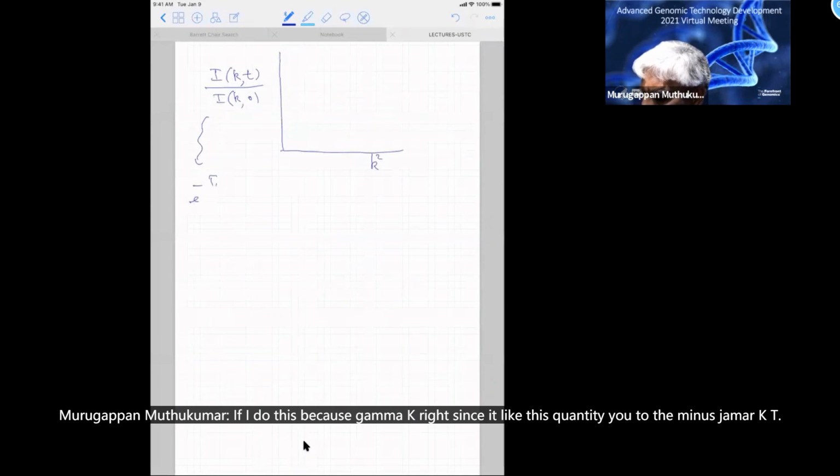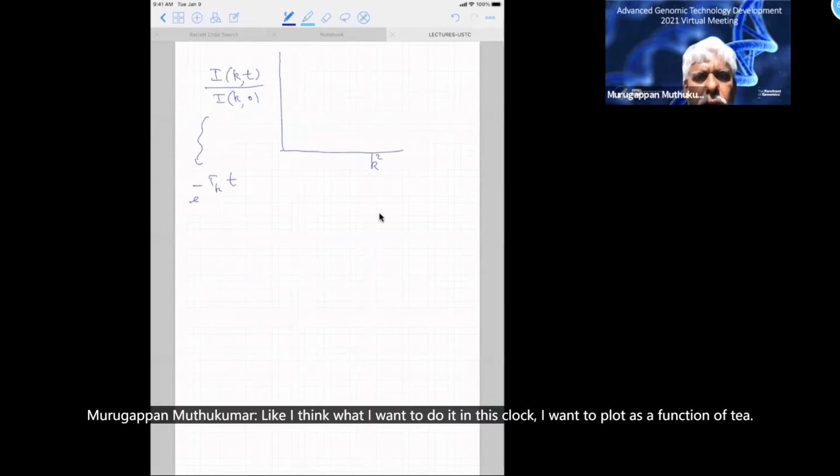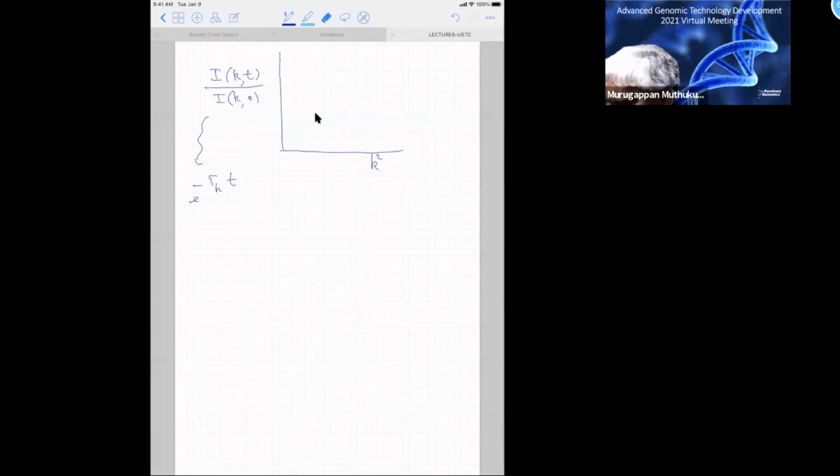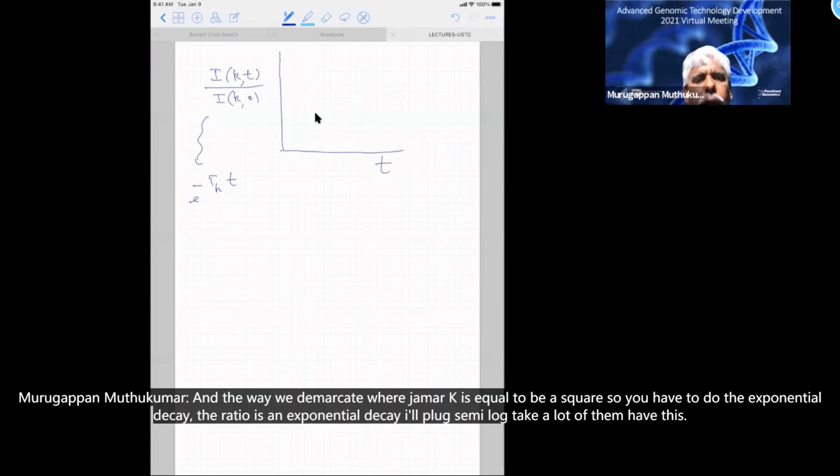If I do this, since this quantity is e to the minus gamma k t, in this plot I want to plot as a function of t, where gamma k is equal to D k squared. So if this ratio is an exponential decay, I'll plot semi-log.